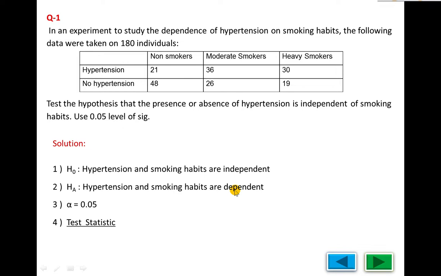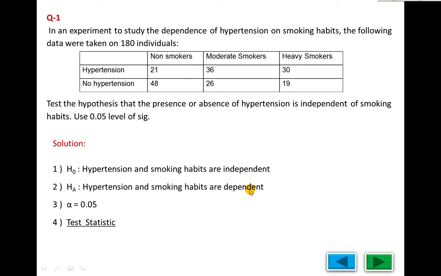For this we use another method after this. If the null hypothesis is accepted, it means independent, there is no relationship, no association. But if the null hypothesis is rejected, it means variables are dependent, there is an association. The association or relationship may be strong, may be weak.